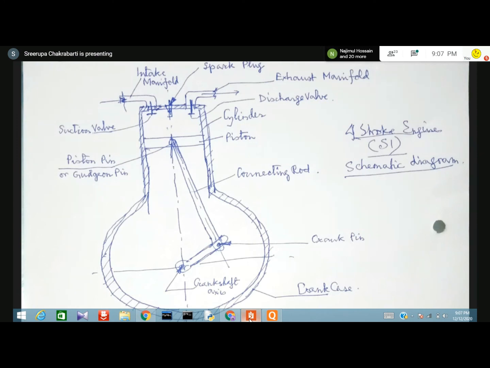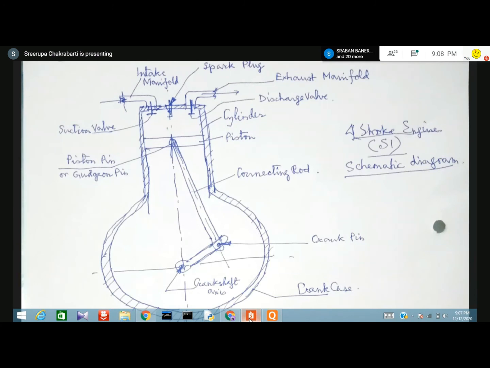And for a diesel engine, it is 12 to 24, maximum 30. So that means for a diesel engine, the compression ratio is pretty high compared to that for a petrol engine. And because the compression ratio is high, the gas is compressed to a higher pressure and higher temperature.